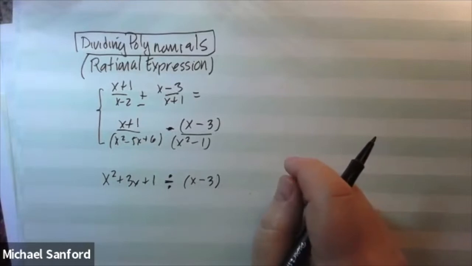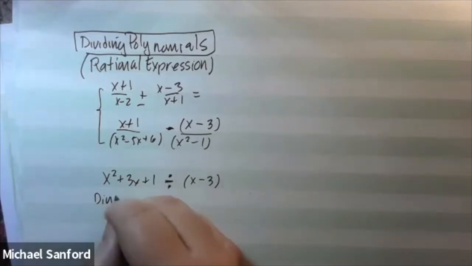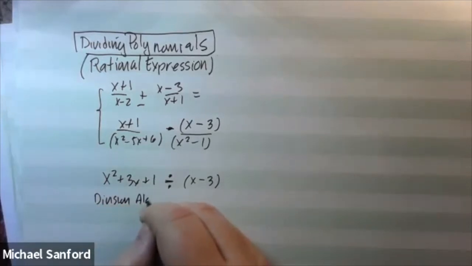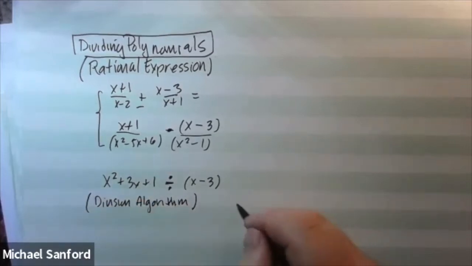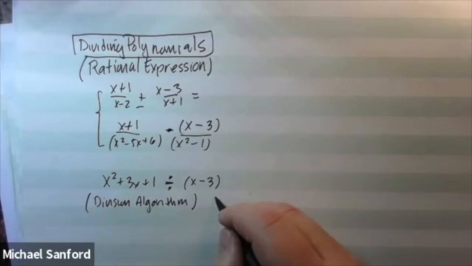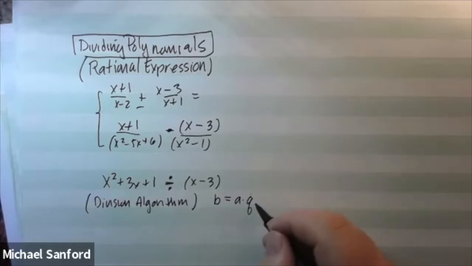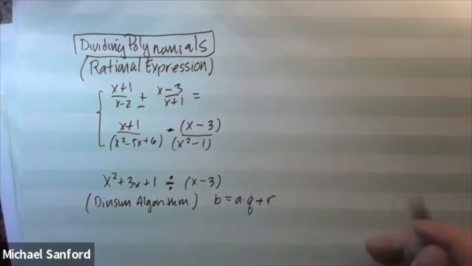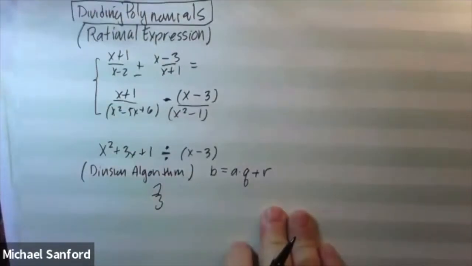What we're really doing is based on something called the division algorithm. If you take any two integers, b and a, you can write b as equal to a times the quotient plus the remainder, like this. Let's go back to our fraction days with 7/3.